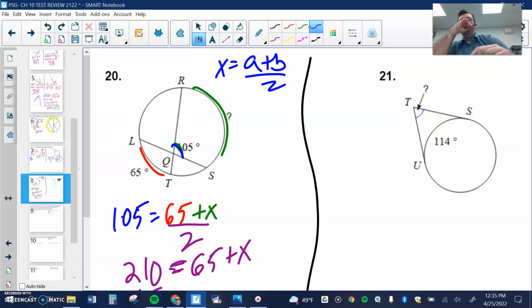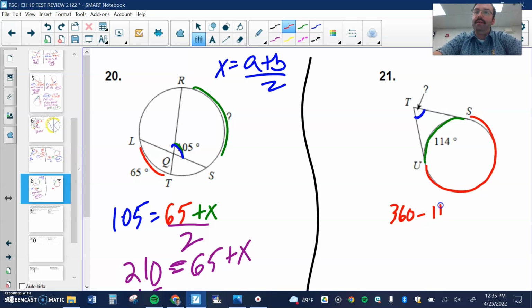All right, this one we could do two different ways. The first way is pretty easy, okay? I know that since it's a tangent, that this angle and this arc must be supplementary, so I could just subtract from 180. Now some of us may not realize that, so to find this arc here, I would do 360 minus 114, which is what, 246?